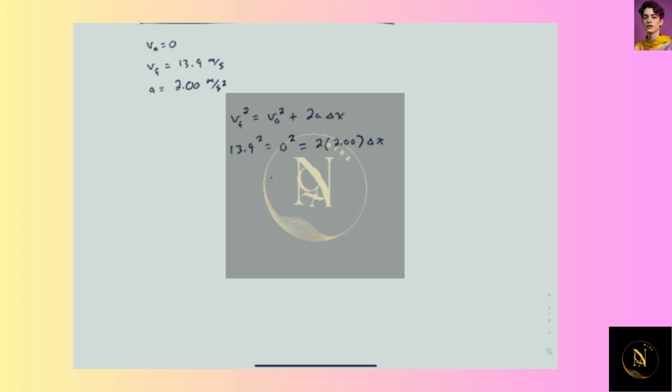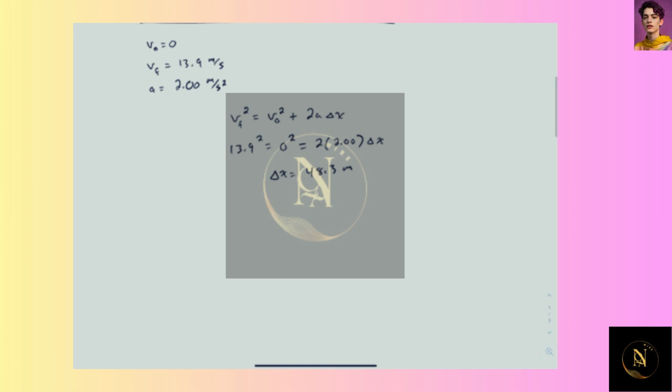And now this gives us 48.3 meters. And that's how far the car makes it during the acceleration period. And now it's going to go the rest of the distance at a constant velocity of 13.9 meters per second.